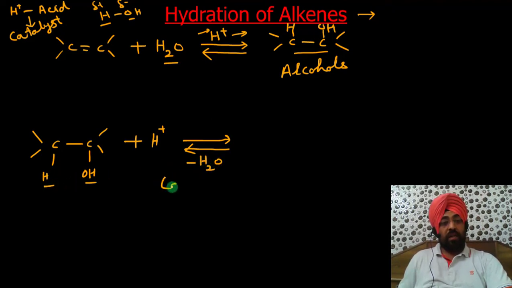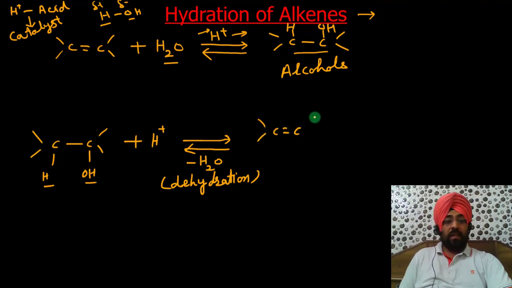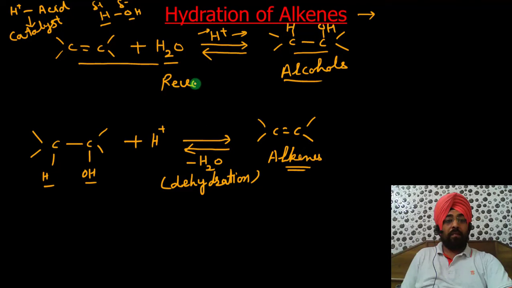This reverse reaction is called dehydration. The product will be C double bond C, alkenes. So alkenes will be formed. My concern is that this reaction, hydration of alkenes, is a reversible reaction, because the products that are formed under the same conditions undergo another reaction called dehydration to give you back the alkenes.